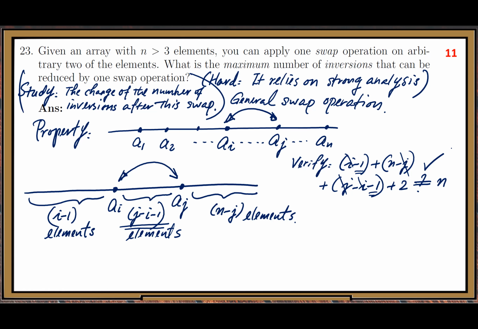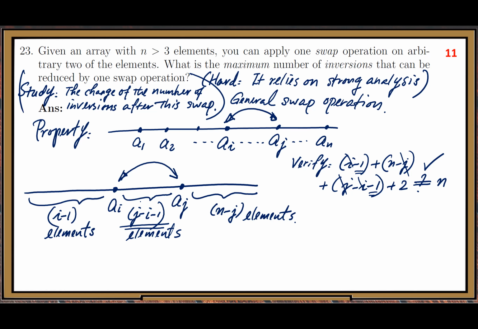Counting these numbers is important. Now, when you do swap, think about what inversions could change. When we do swap, some of the inversions could change, and you only change positions AI and AJ.